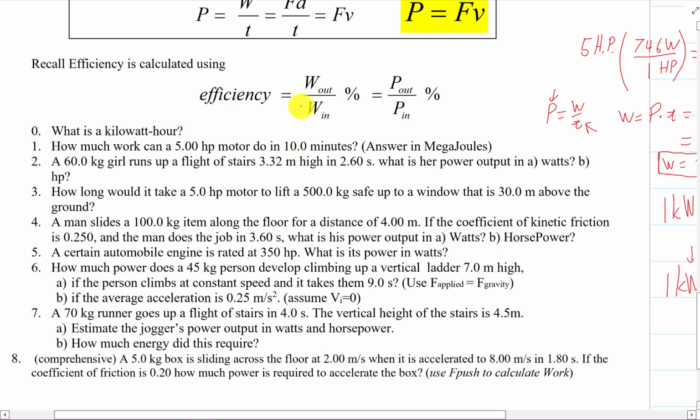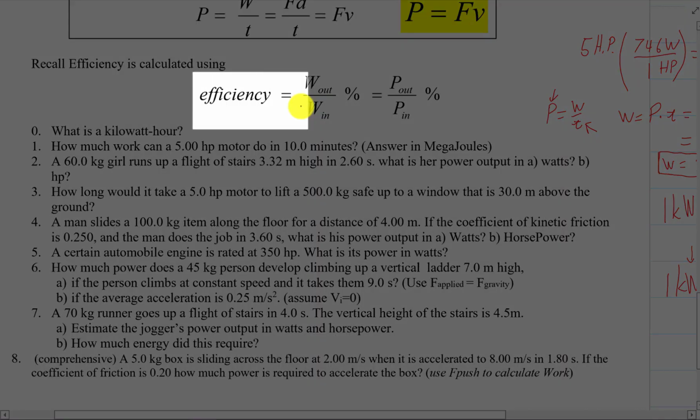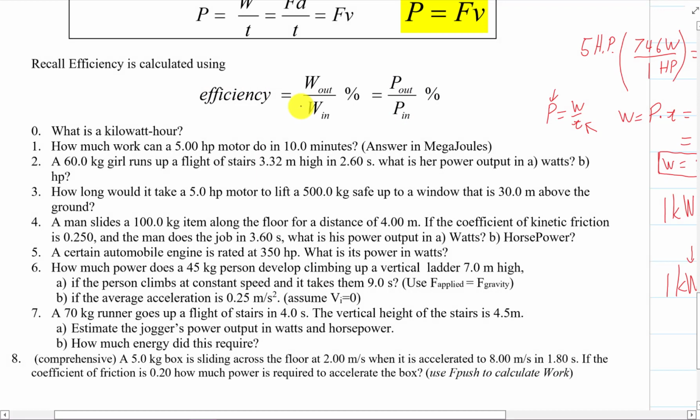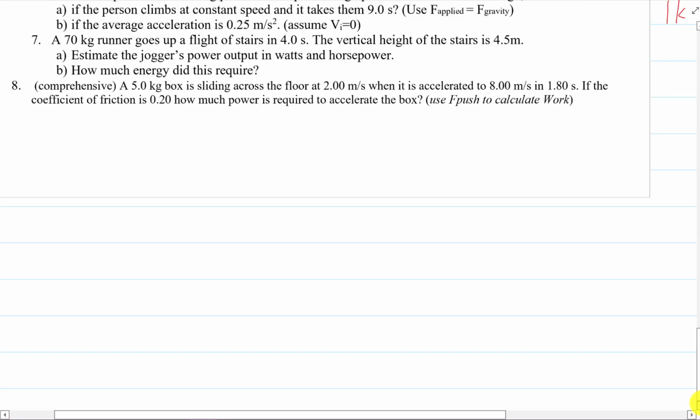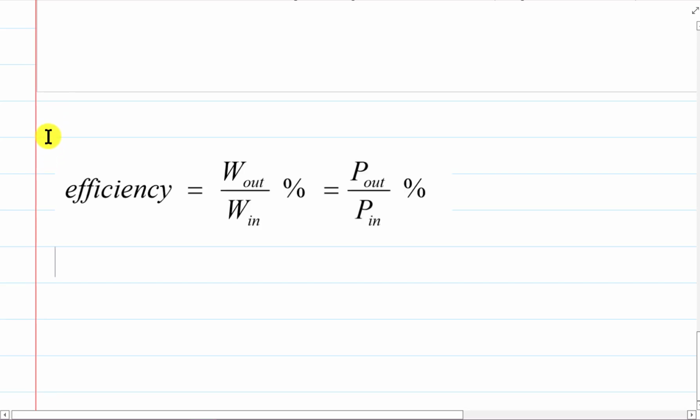but the only thing that we haven't talked about is efficiency. So this is the last little tidbit of information you need to know. Because when we're starting to talk about energy and the uses of things, we try to make things efficient. The more efficient it is, the better we use the product.